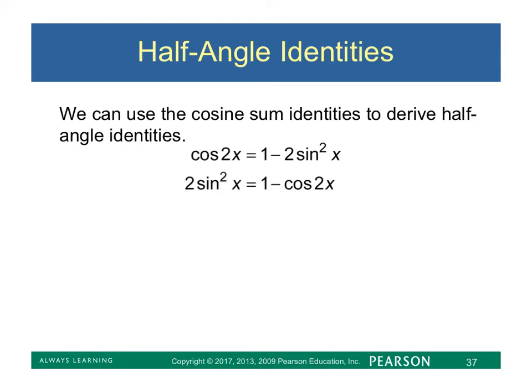Half angle. Aha, this is the important one. So half angle identities, when we did sine of 2x, that's a double angle. Well, what if I was doing sine of x over 2? That's a half angle.